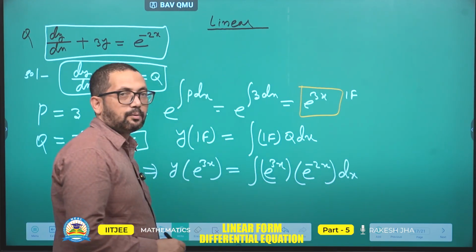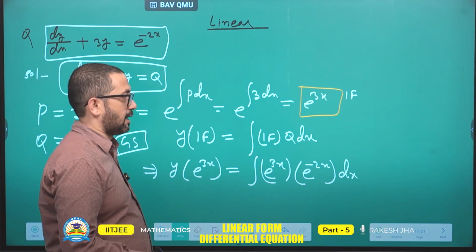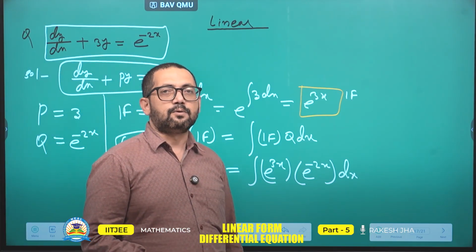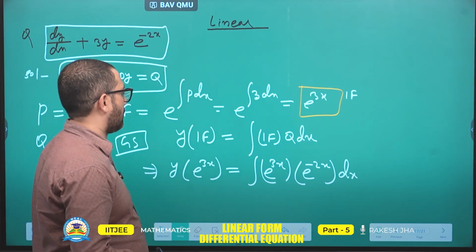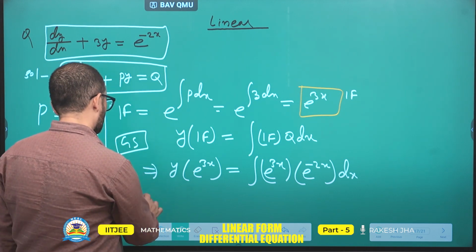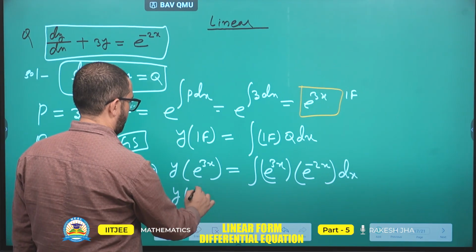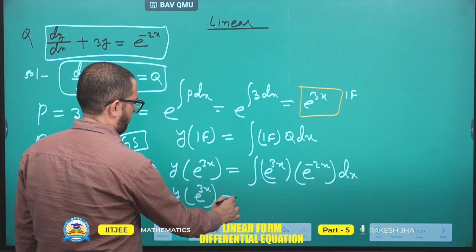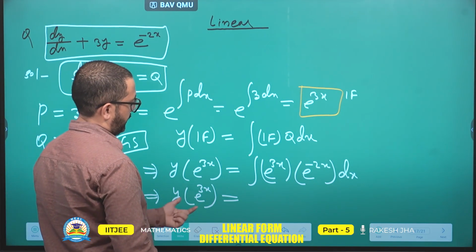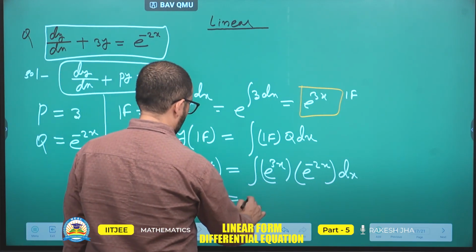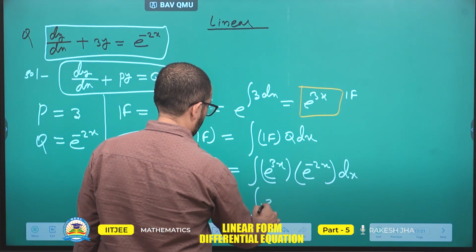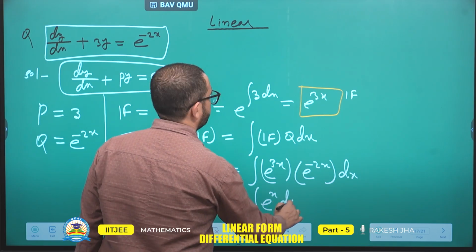Now we have to solve this integration and put c as the constant of integration, and this is how we solve this question. So y times e raised to the power 3x is equal to, it will be nothing but 3x minus 2x, so e raised to the power x dx.